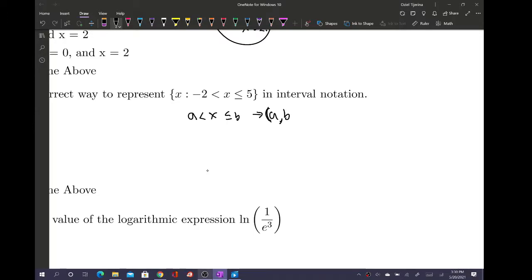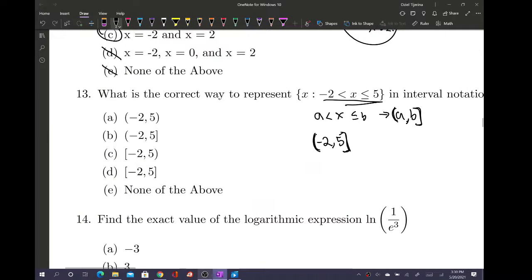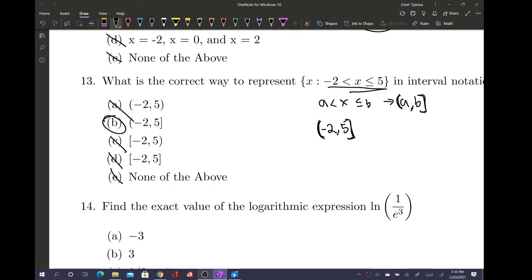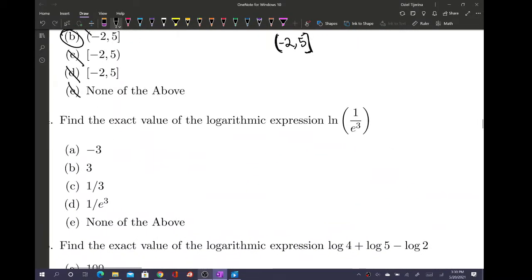But for our b value, we use a bracket, right? So this is saying: parenthesis -2, comma 5, and then a bracket. So your answer for this one is B. Okay.